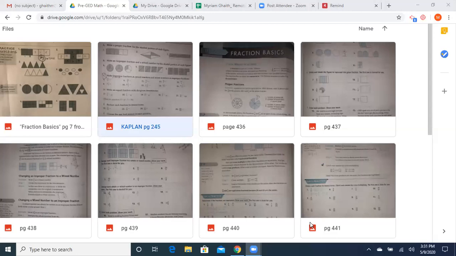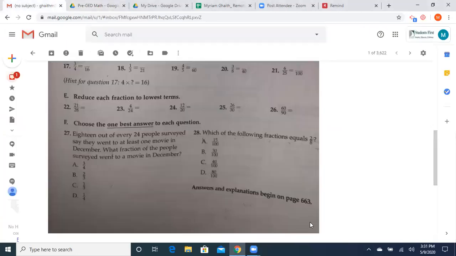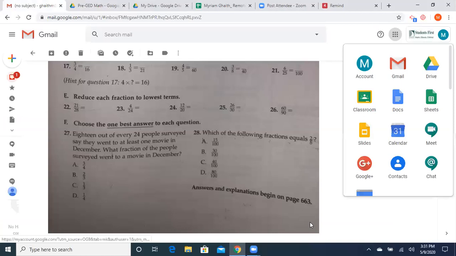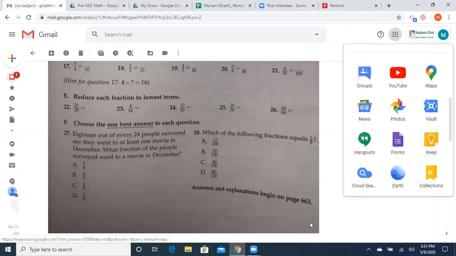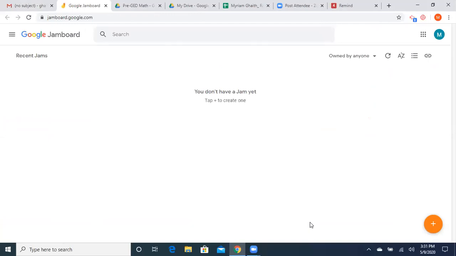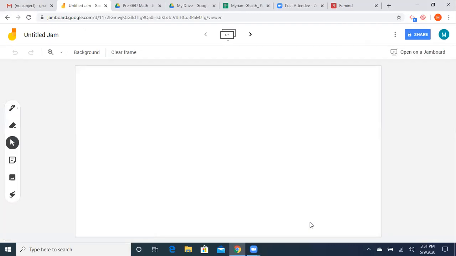Where did my board go? Can you still see my screen? Yes. Let's do it this way. Please tell me if you can see what I'm writing. What do you see now? A white page. Okay, great.